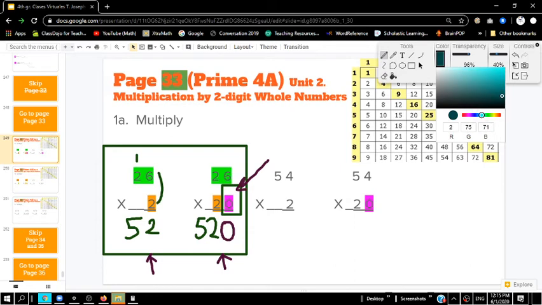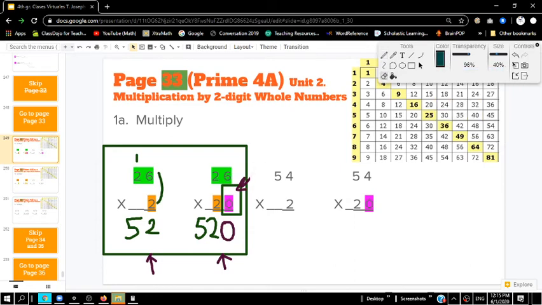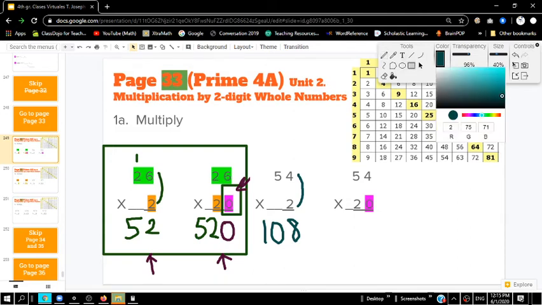If we look at 54 times 2, I can multiply like normal, right? 2 times 4 is 8, and 2 times 5 is 10. 108 is my answer. But if I look at these two problems, boys and girls, I can recognize that there is a pattern, right? 54 times 2 is very similar to 54 times 20.